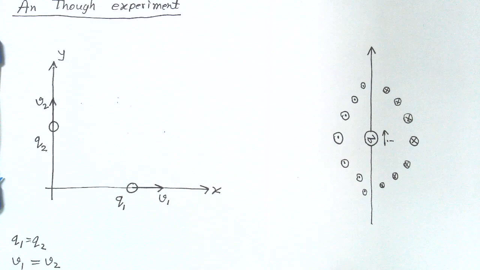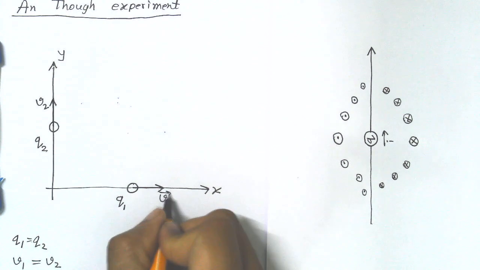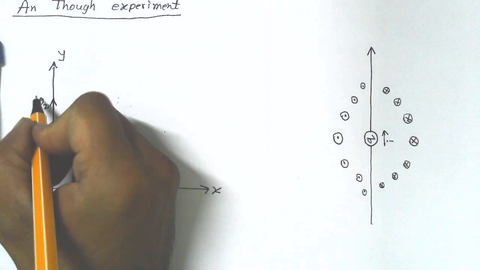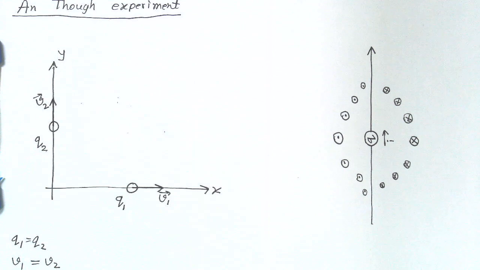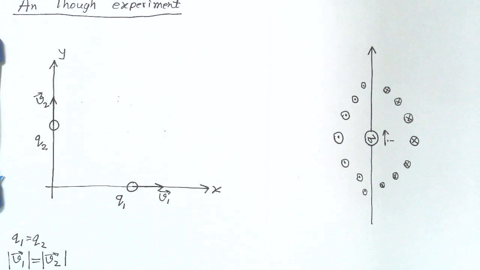Okay, their direction is different. So this V1 vector is towards the right, this V2 vector is along the y-axis, but their magnitudes are the same. This is what I choose.